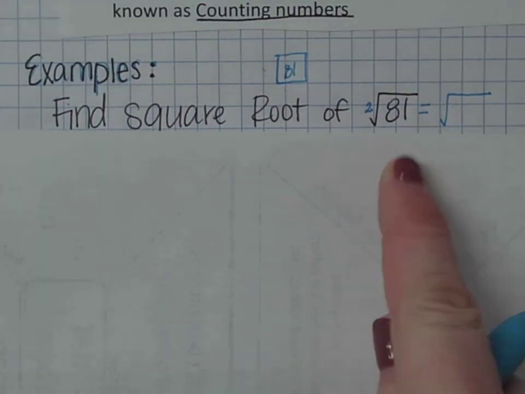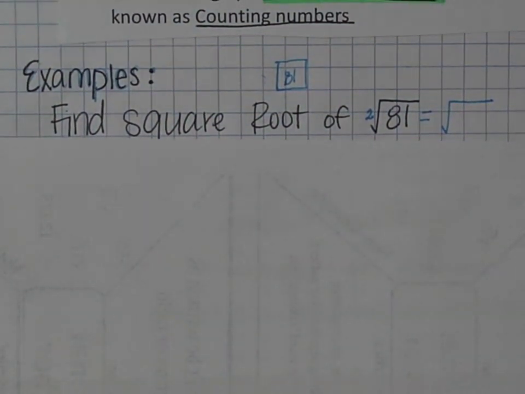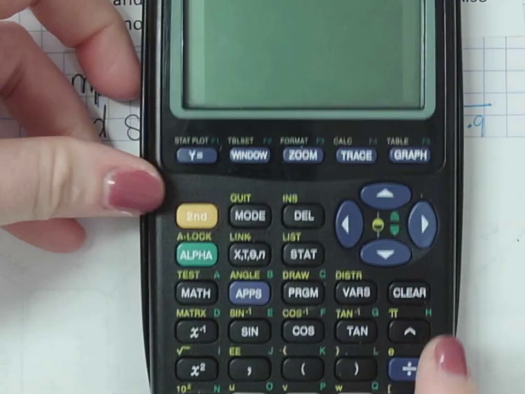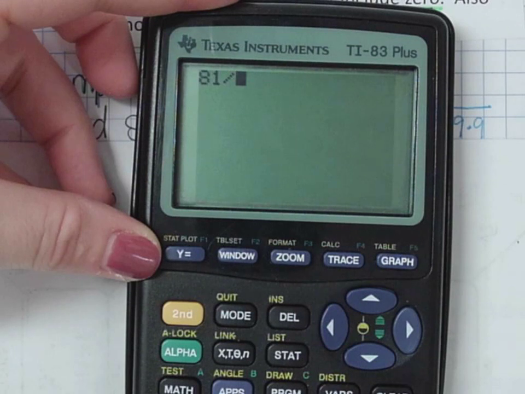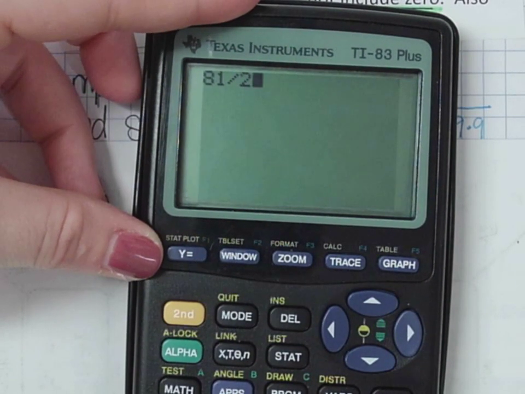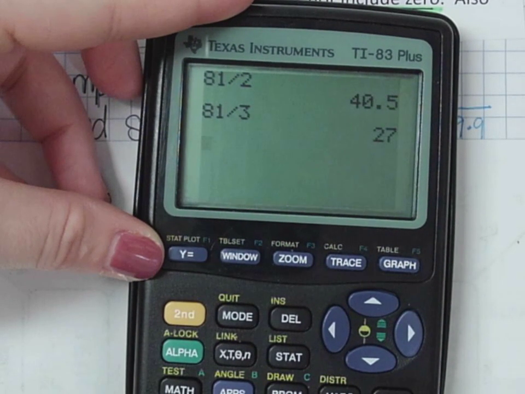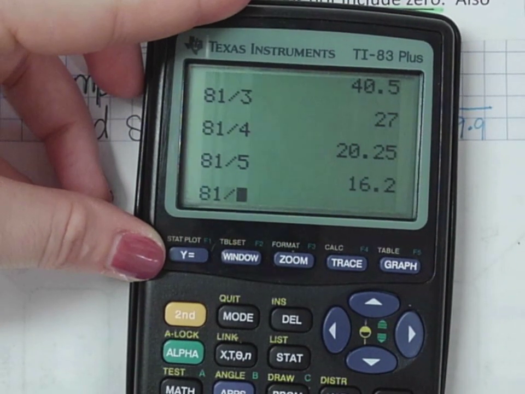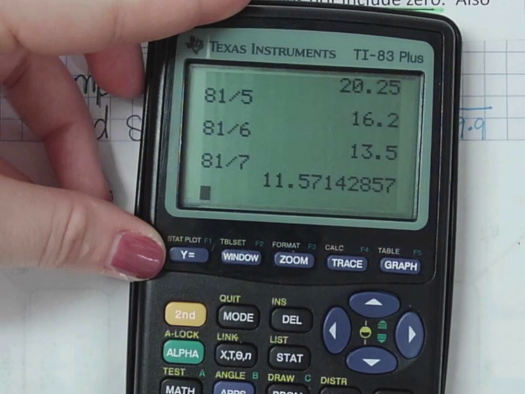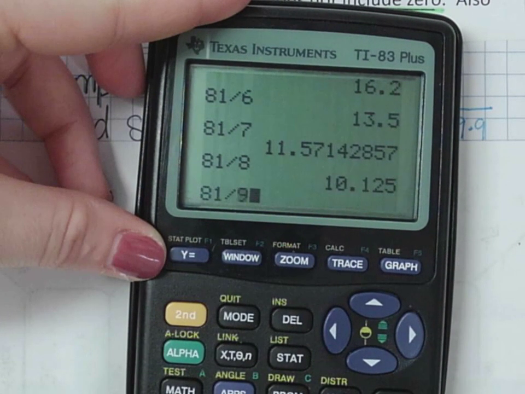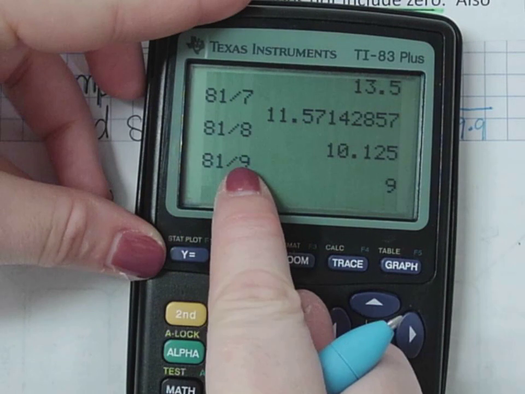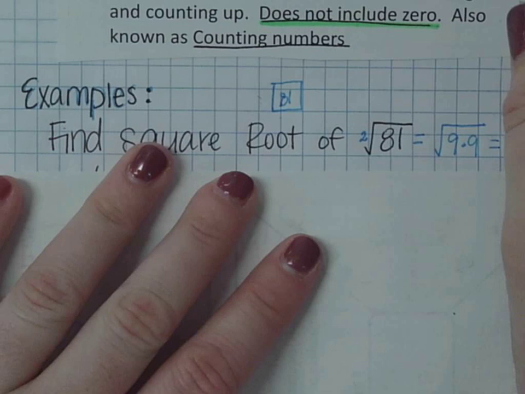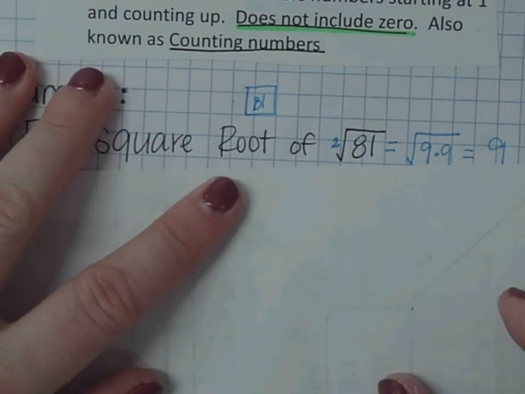So square root of 81 can be written as 9 times 9. You could also take 81 and divide by all of the numbers. 2 wouldn't work. 81 divided by 3, that's nothing. 81 divided by 4, 5, 6, 7, 8, 81 divided by 9, and you would get 9. So what you divided by has to be the same thing as what you got. So the answer to that one is 9.